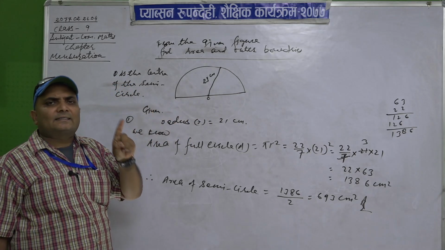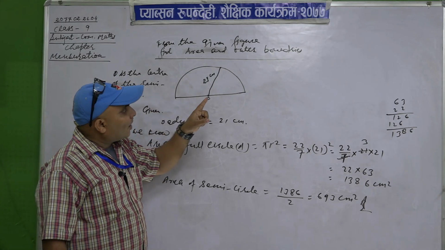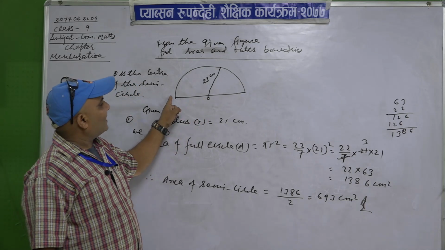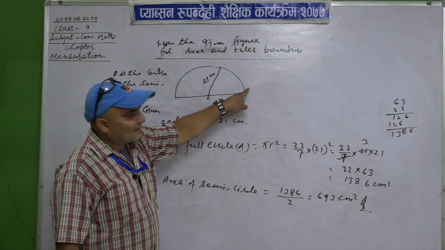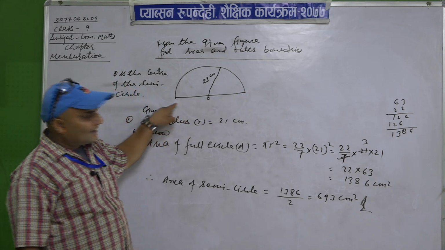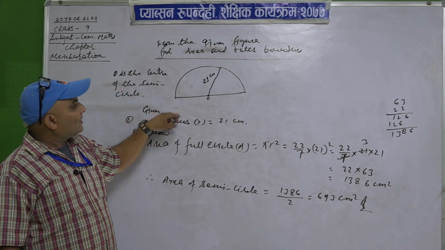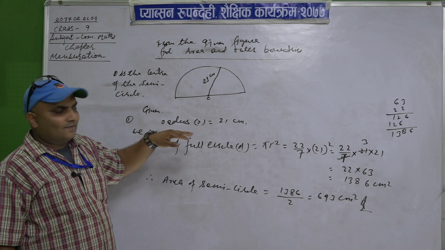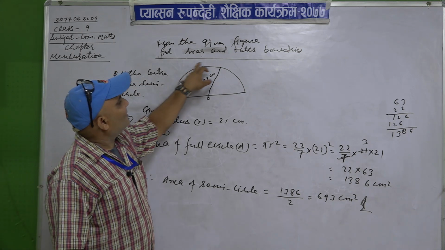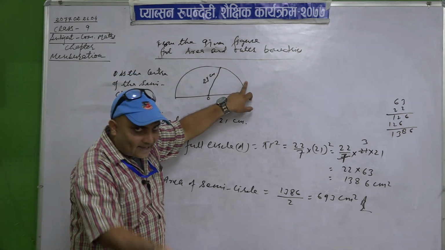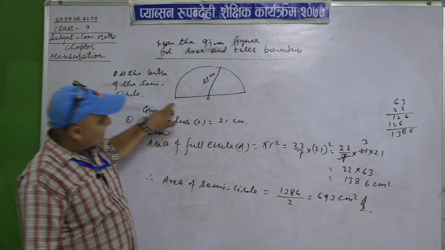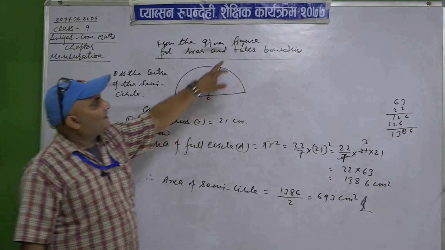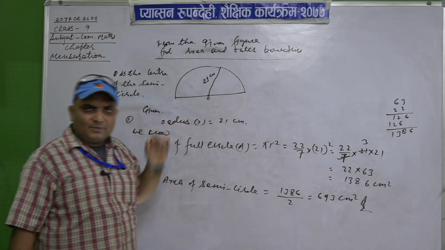This part is the diameter. So, to find the outer boundary of this figure, we have to add the length of this part and the length of this part. If you only find the circumference and divide by 2, the result will be of this part only, and in that result you must add this part, and then only you can find the outer boundary of this semicircle.